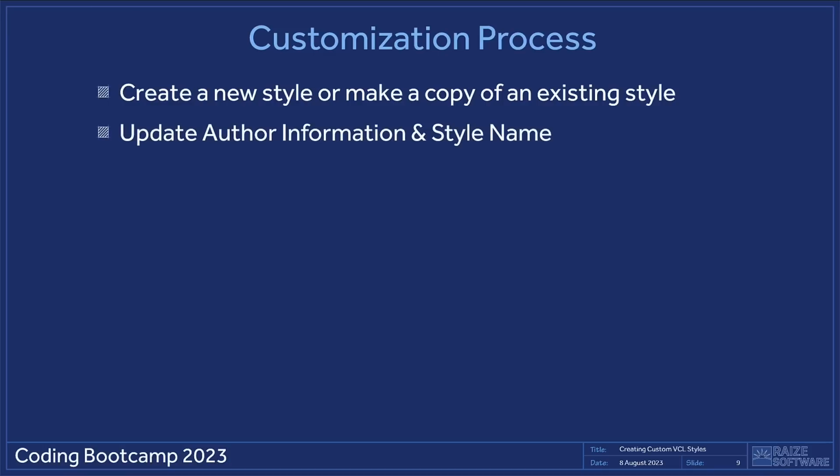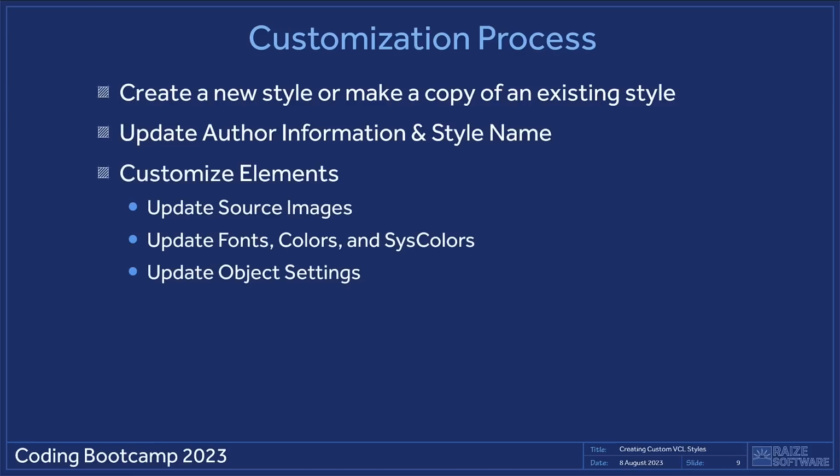We're going to update the author information and the style name. This is what shows up inside of Delphi and C++ Builder to see who provides it, so it groups it by vendor. It also tells you the name so that you can identify the style. That name is also used to load it dynamically once it's added into the resources of your application. And then the key thing is we're going to customize. The general thing you almost always will do is customize and update the source images, and then, as necessary, update the fonts and colors.